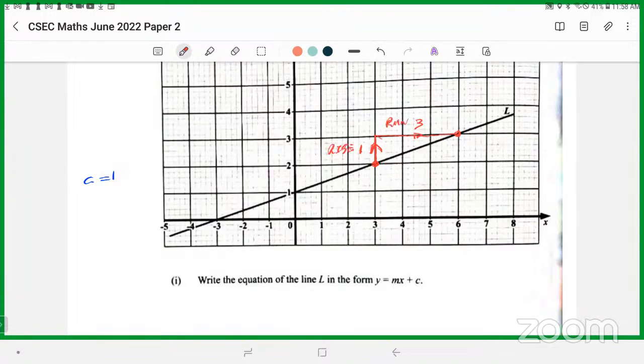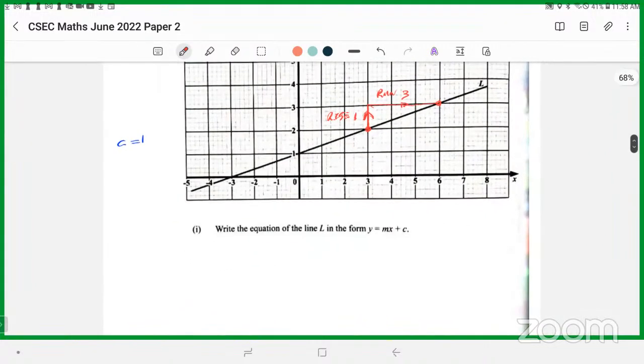I don't have to calculate anything because it's right there. So I can say that my C value is 1. So I can write it down. C equals 1. And the gradient M is rise over run between any 2 points. And I chose those 2 points. I can use any 2 points. It's 1 over 3.